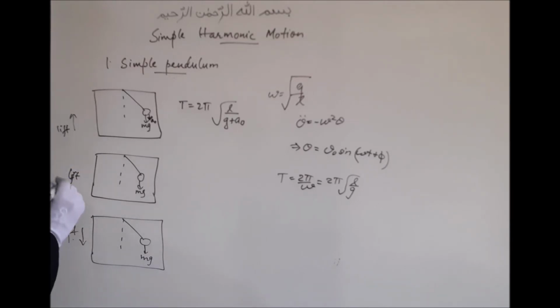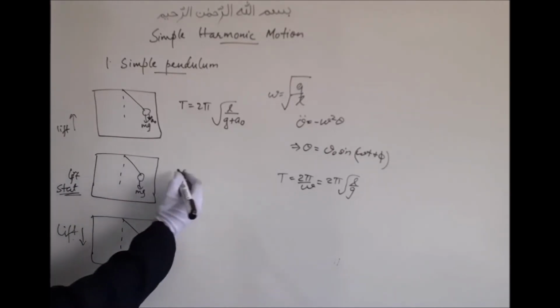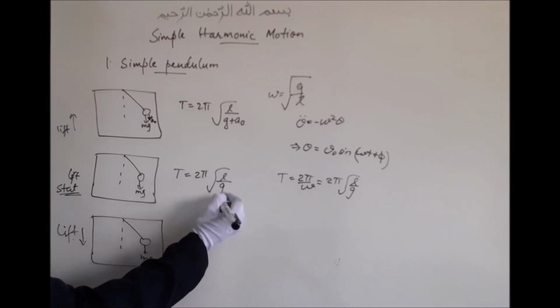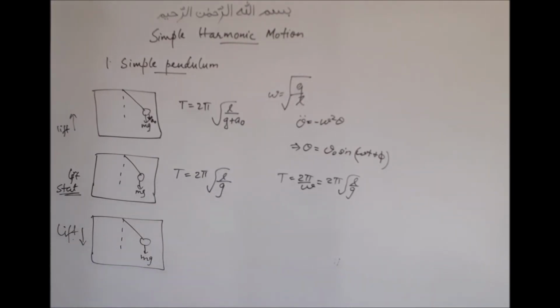Now when the lift is stationary, it is not moving, there is no external force acting on it, it will be just mg. So T will be only 2 pi root of L by G. That will be the normal formula which we get. But when the lift is coming downwards with, let's say, some acceleration a naught, then the bob is also going to experience some external force, and that external force is going to be upwards.